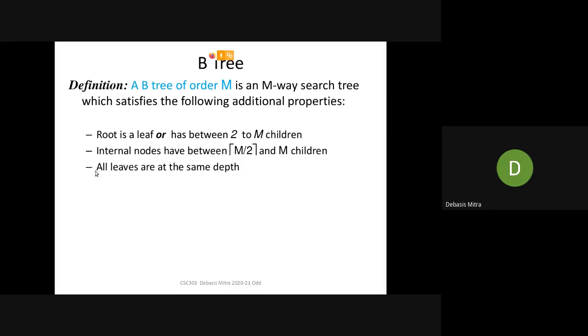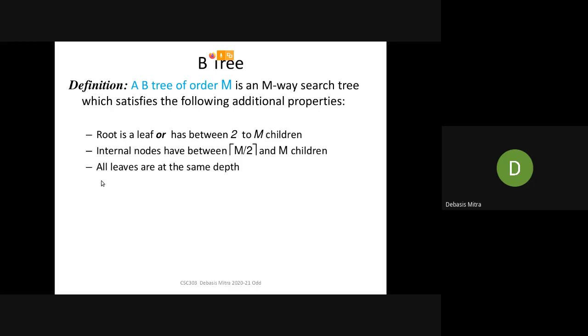Okay, and this is another important property, that all leaves are at the same depth. This particular property acts as a constraint, that all leaves must be at the same depth. And this property will ensure that your tree will be properly balanced.